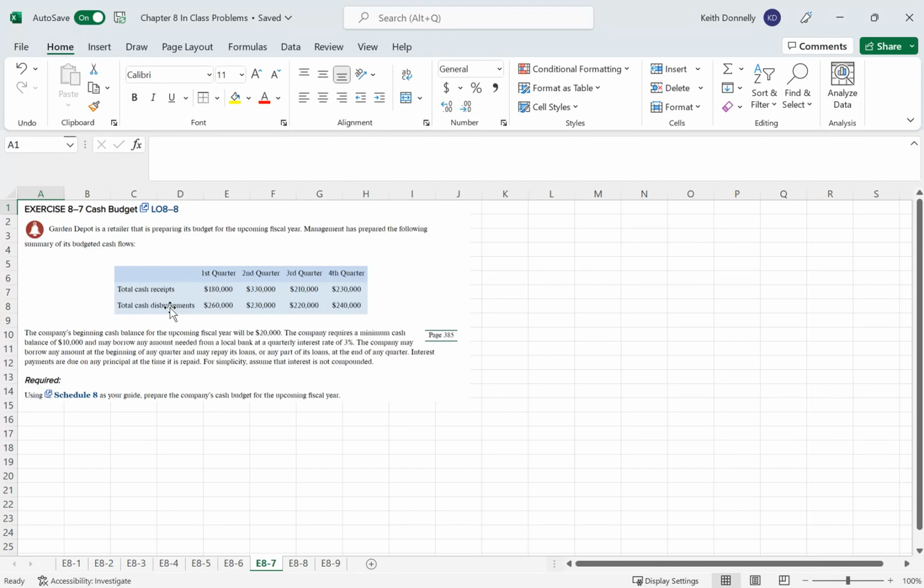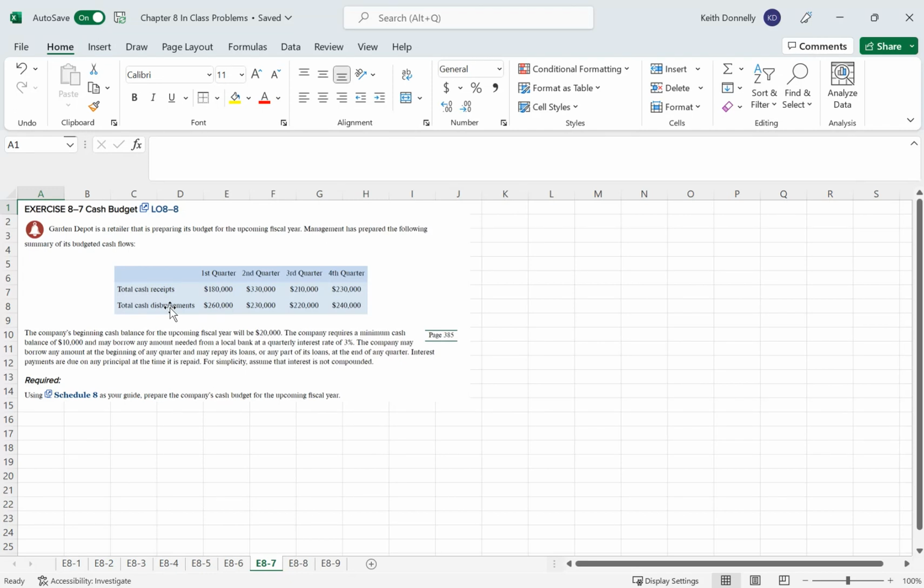It requires a minimum cash balance of $10,000 and may borrow any amount needed from a local bank at a quarterly interest rate of 3%. The company may borrow any amount at the beginning of any quarter and may repay its loans or any part of its loans at the end of any quarter. Interest payments are due on any principal at the time that you're paid. For simplicity, let's assume interest is not compounded.